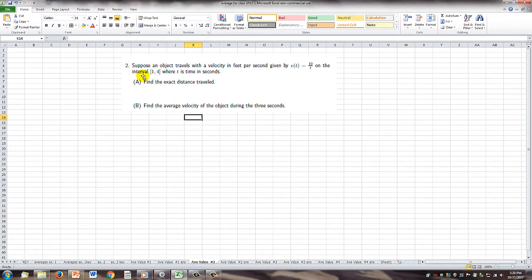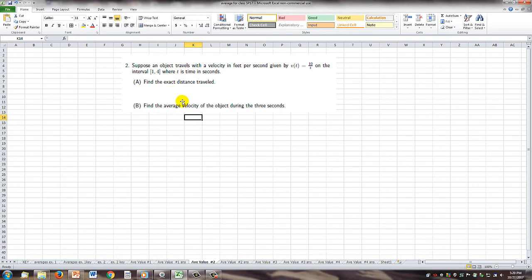Okay, here's one. Suppose an object travels with a velocity in feet per second, given by v of t equals 10 over t on the interval 1 to 4, where t is time in seconds. First thing, it says find the exact distance traveled. Second thing, find the average velocity.